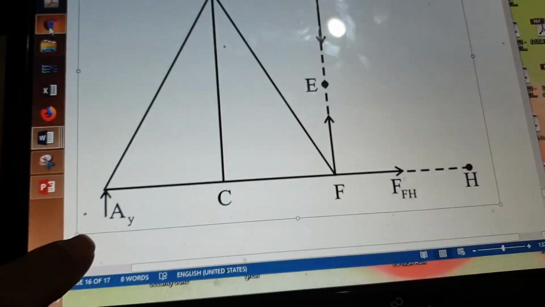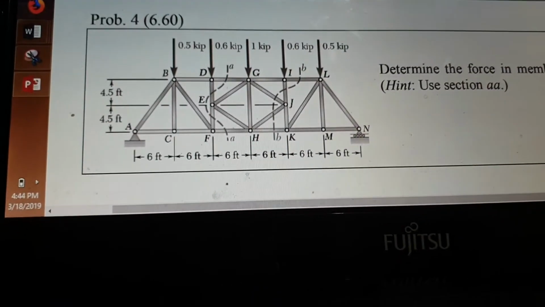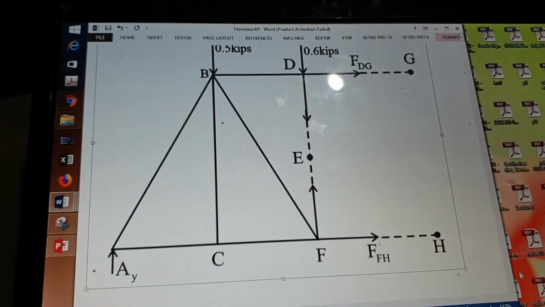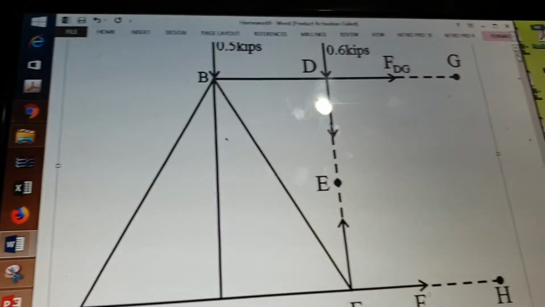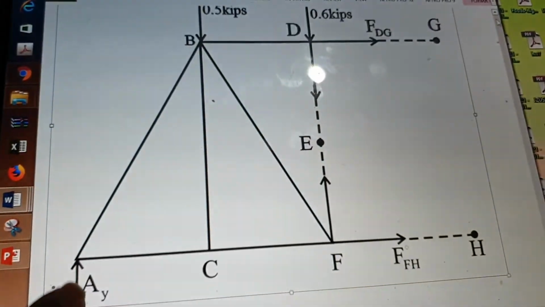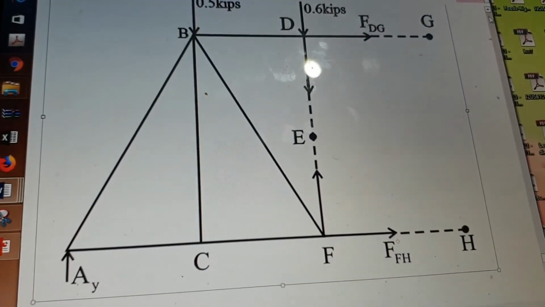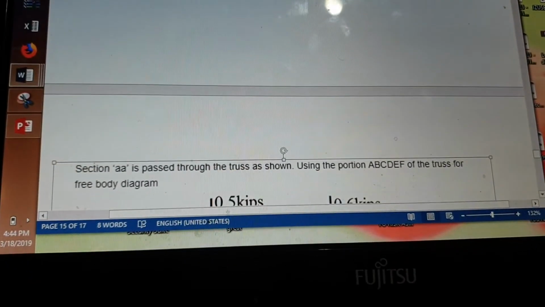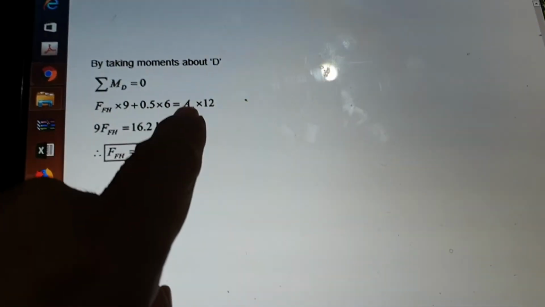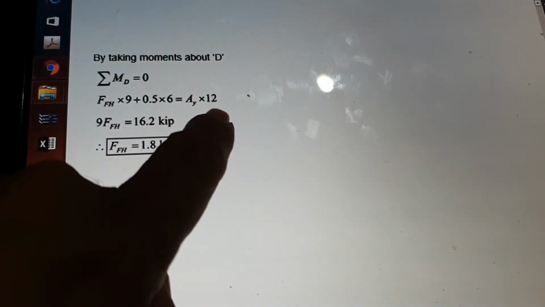It is 6 feet. So 0.5 times 6 feet. And of course the last one, AY at moment at D, AY is going to push it clockwise, and the perpendicular distance is 12. So minus AY times 12, which, if you take it on the other side, is plus AY times 12.